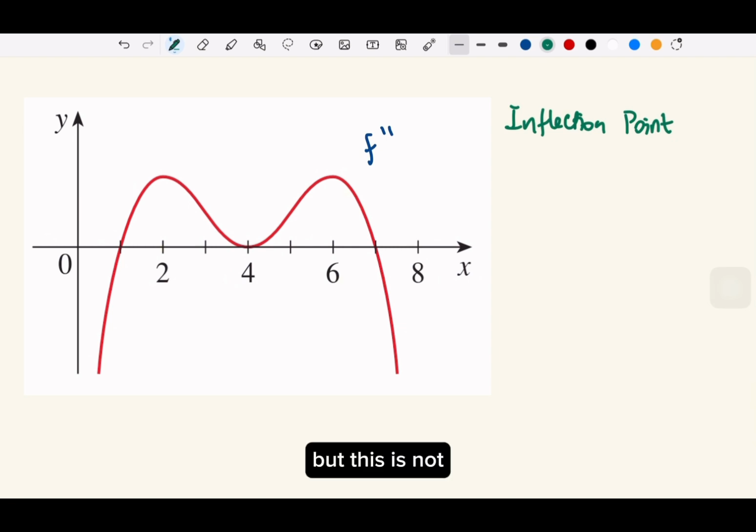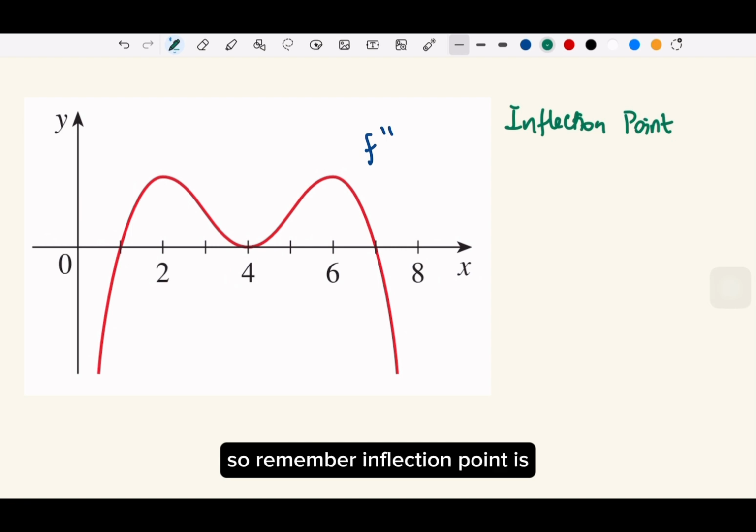Yeah, correct. But this is not f. This is f double prime. How do we find it? 1 and, good. It's 1 and 7. 4 not included. Do you know why?